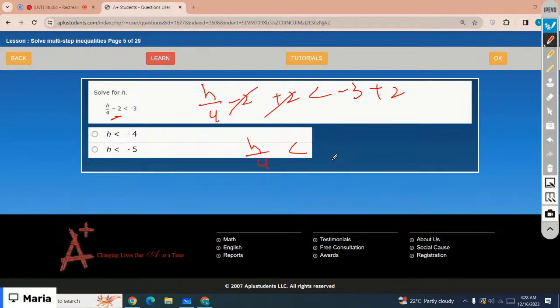Negative 3 plus 2 is negative 1. Now 4 is dividing here. You need to multiply both sides by 4. 4 and 4 cancel out. You are left with h, and 4 times negative 1 is negative 4. So h is less than negative 4, that is the correct option, right?